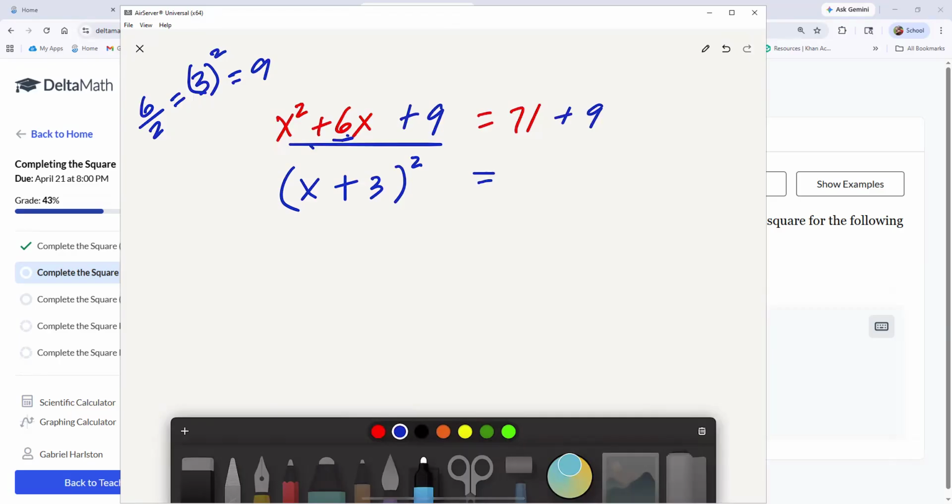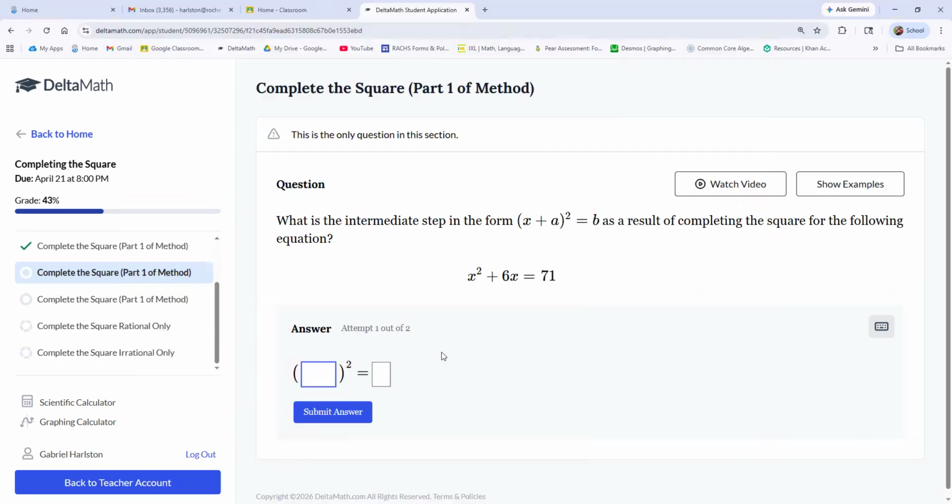This is the same thing as x plus 3 squared. And 71 plus 9 is going to be 80. So now we're ready to enter our answer. It's going to be half of the b, which is 6. So this is going to be x plus 3. And then on the right-hand side, once we added the 9 to complete the square, 9 plus 71 is 80.